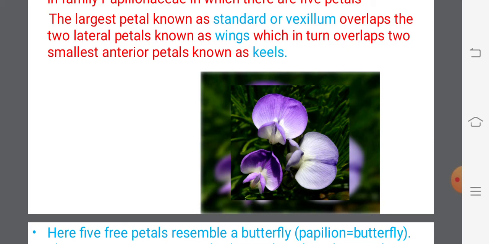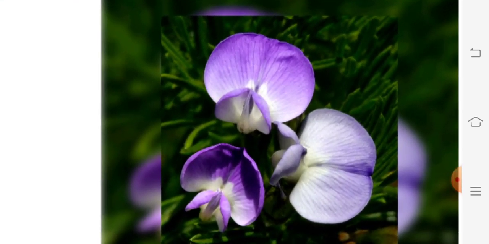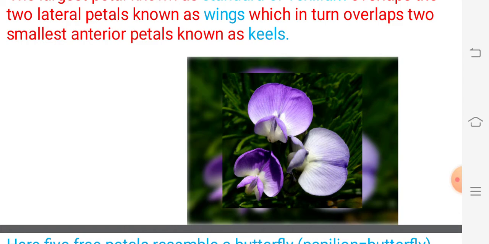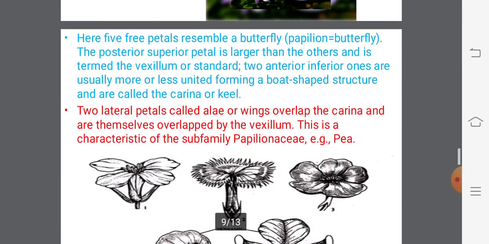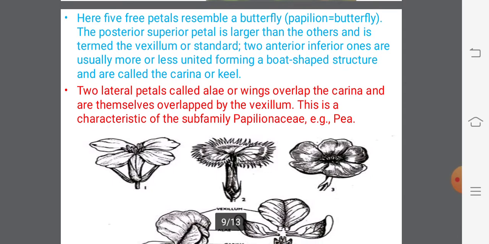Here you are observing these diagrams and this character. The 5 petals show the butterfly-like character. Papilio means butterfly. The posterior superior petal is the larger. Remember this properly.